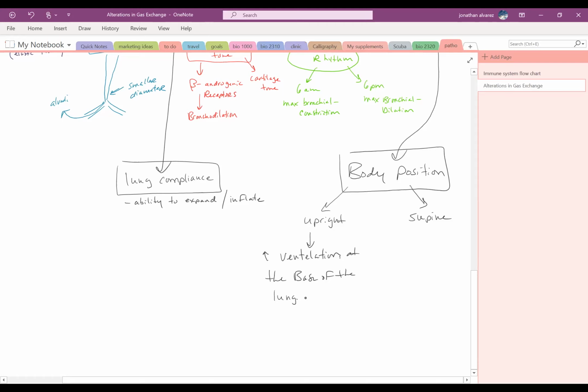Okay, so that's the bottom part of the lungs, closer to the diaphragm. So all that base area of ventilation tends to be better down there in an upright position.